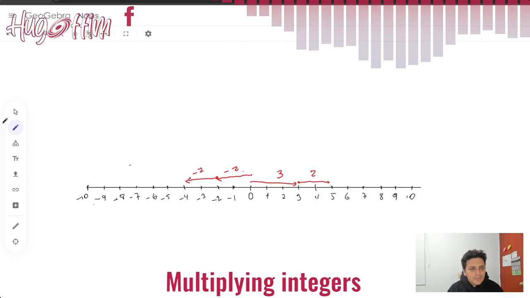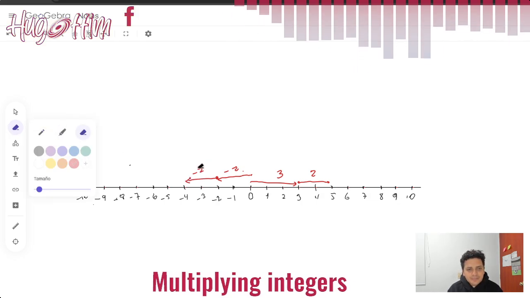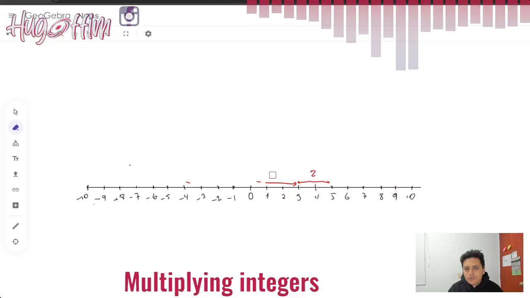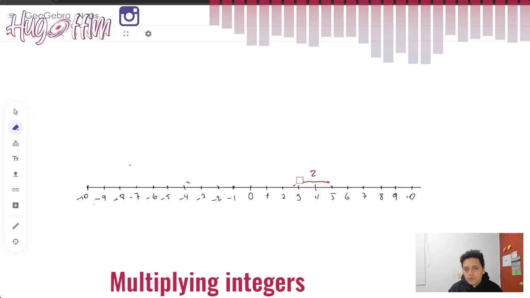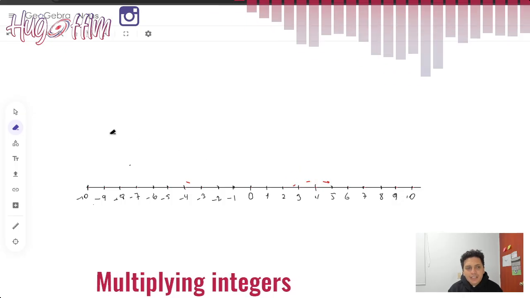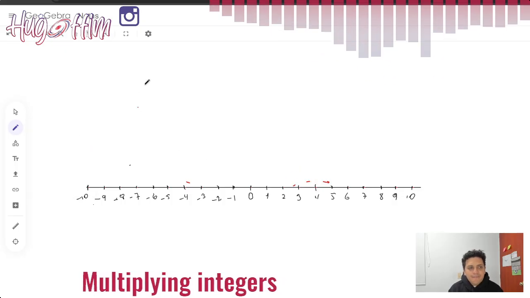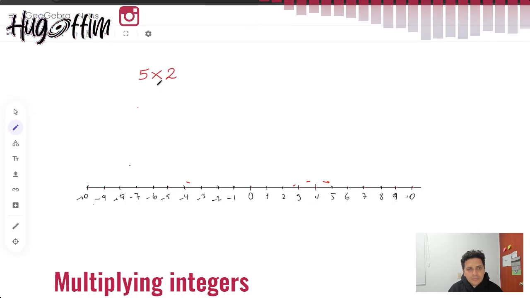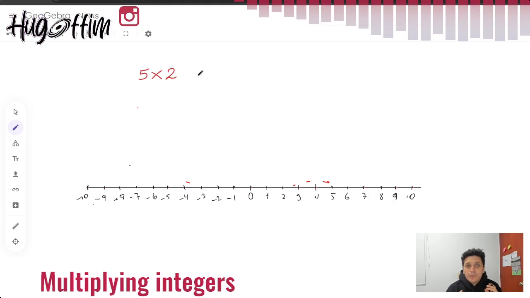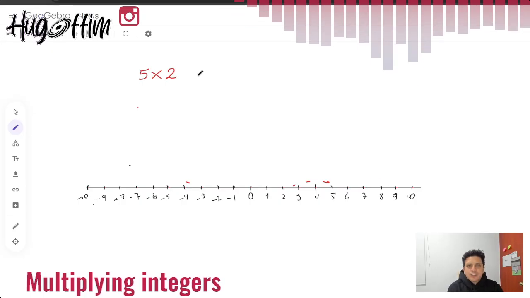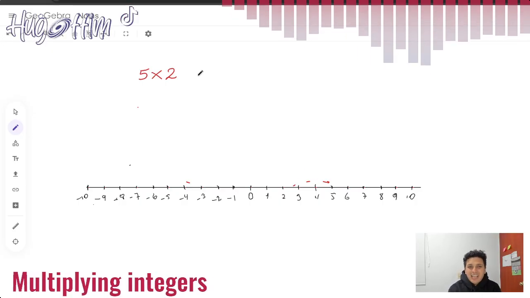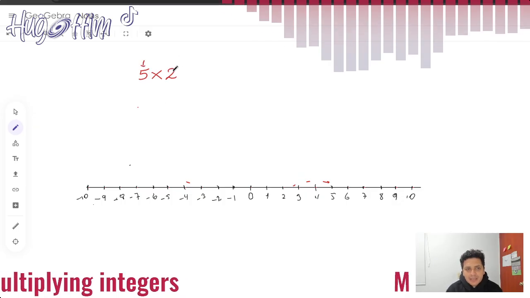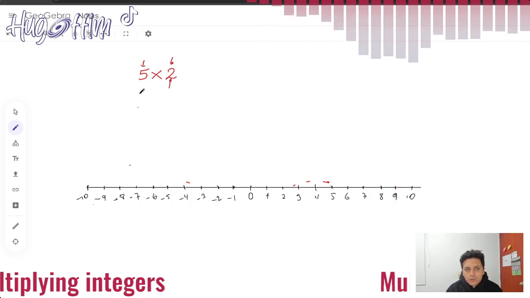Okay? Now, bearing in mind this idea, what will be the multiplication of two integers? Let's say that we're going to explore the multiplication of 5 times 2. If you remember, the definition of multiplication of integers is that you add the number repeatedly. So I'm going to take 5 and add it twice, or I'm going to take 2 and add it 5 times.